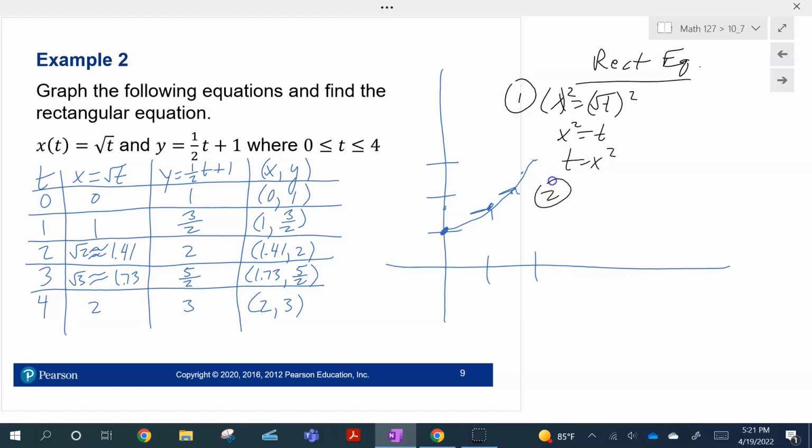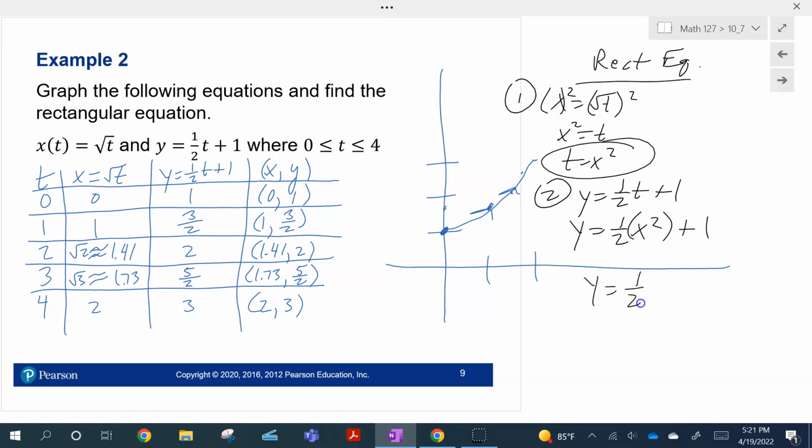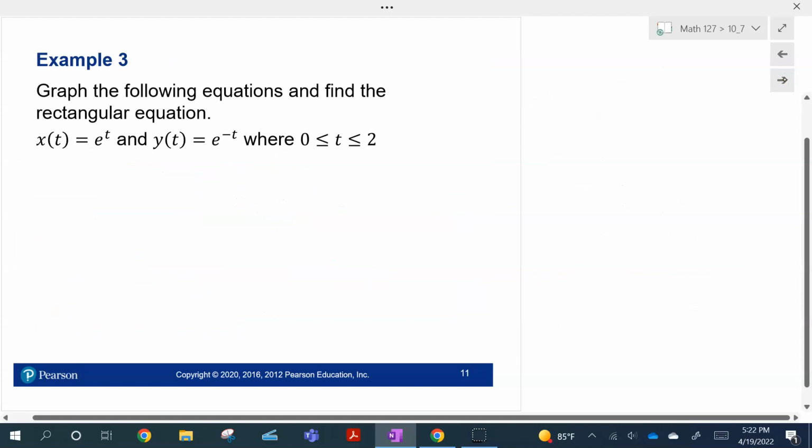Now by substitution, I can substitute that into y equals 1/2 t plus 1. So y equals 1/2 times t, and remember, t is x squared, plus 1. So we got y equals 1/2 x squared plus 1. There's your rectangular equation, and you could restrict that from 0 to 3. And if you were to graph that, you'd see this same curve right there. That's our rectangular equation.